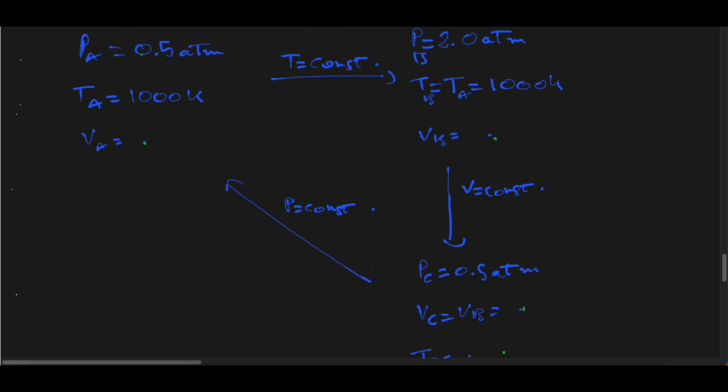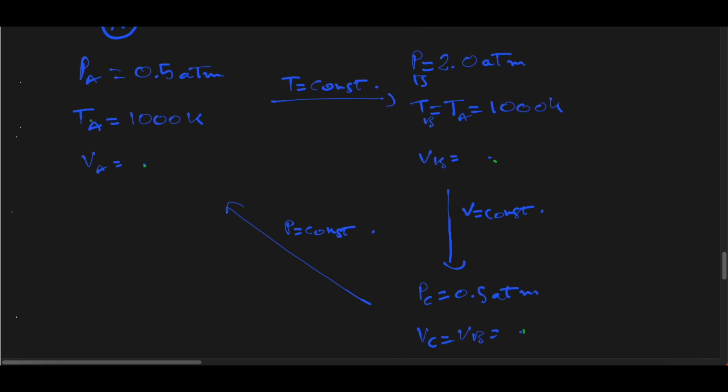So we start with state A. Here the pressure and temperature are given, so only the volume is not known. We can determine the volume through the equation of the perfect gas, PV equals nRT.